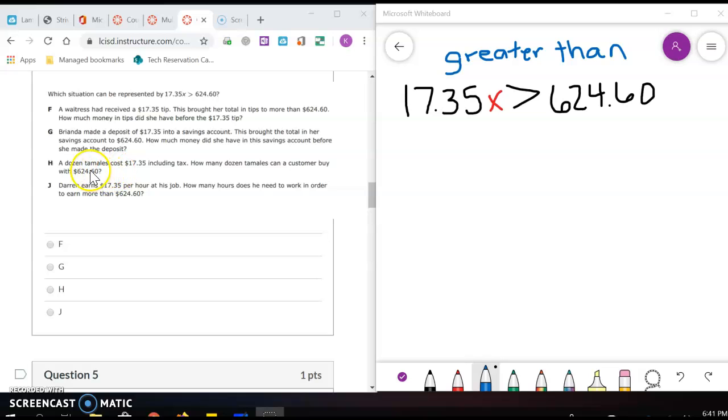So that wouldn't work out if this was all the money I had and I'm solving for things that are more than that amount of money. J, Darren earns $17.35 per hour at his job. How many hours does he need to work in order to earn more than, there we go, $624.60. So that's perfect. That goes with our symbol that we have. We should have gotten choice J.